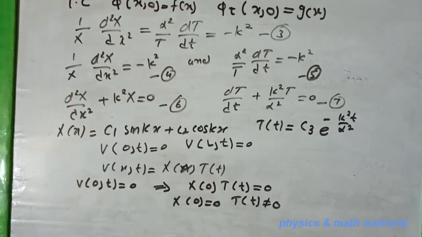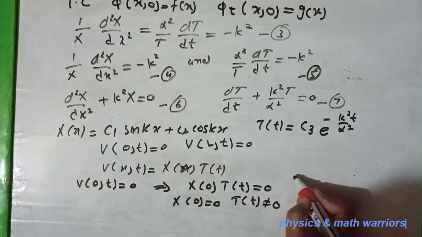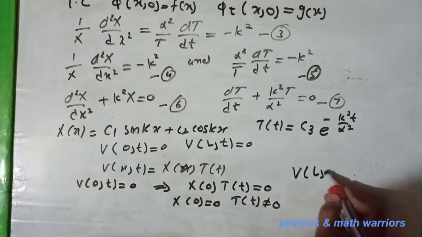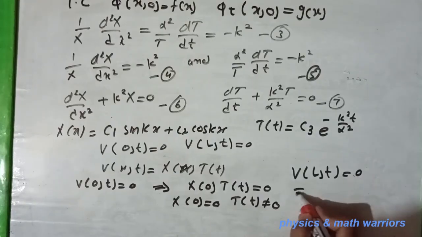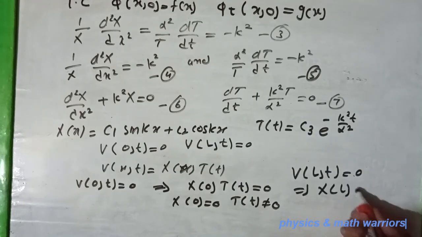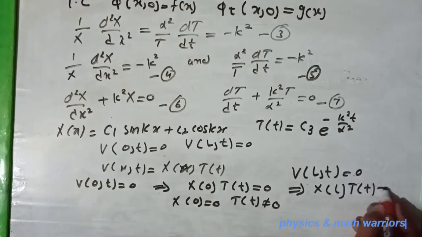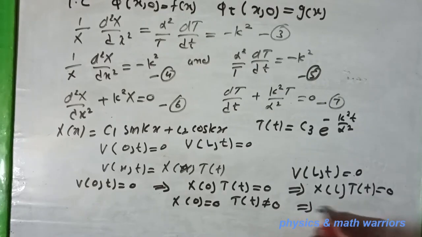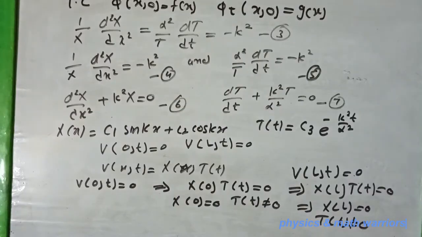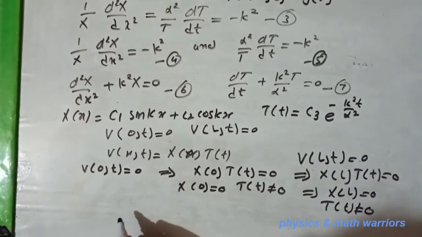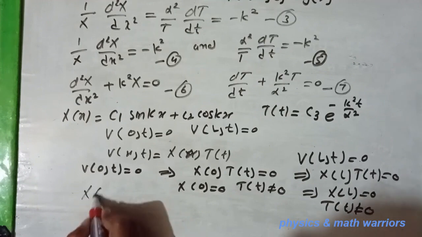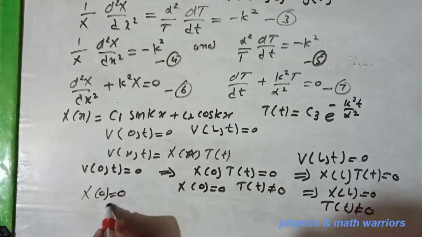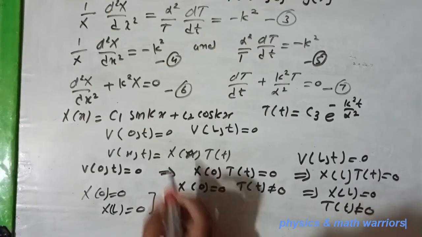And the second condition, v of L and t is equal to 0, implies X of L T of t is equal to 0. This implies X of L is equal to 0 and T of t is not equal to 0. So we have two conditions, X of 0 is equal to 0 and X of L is equal to 0 for equation 6.